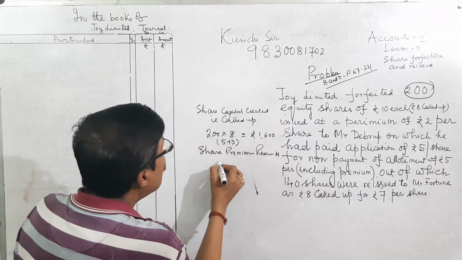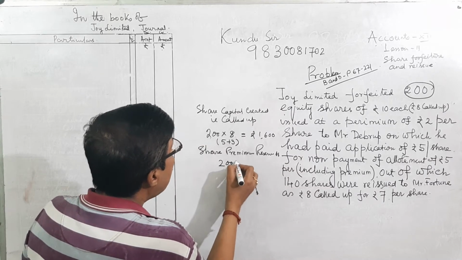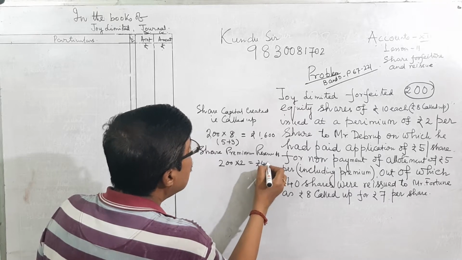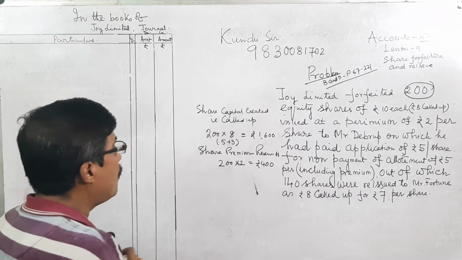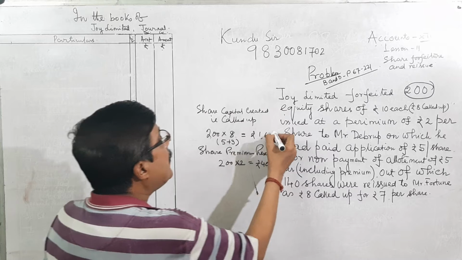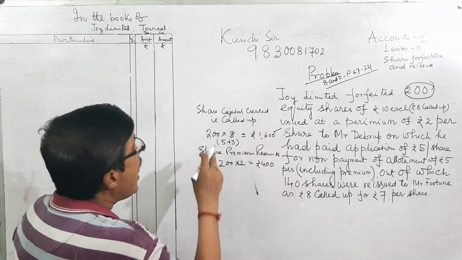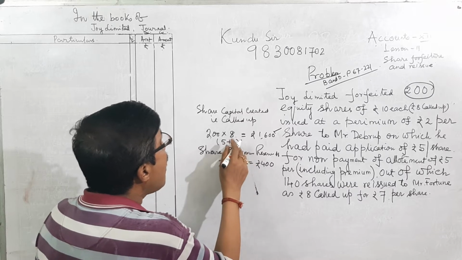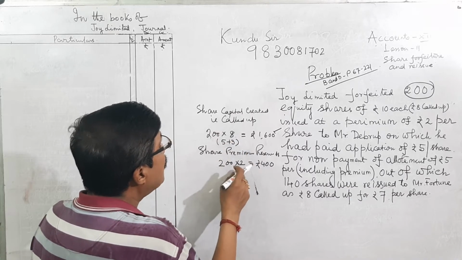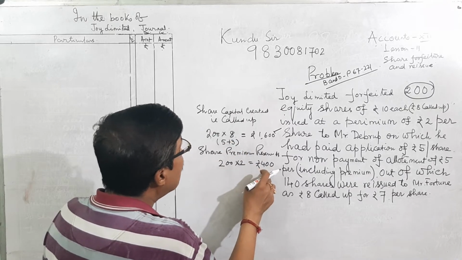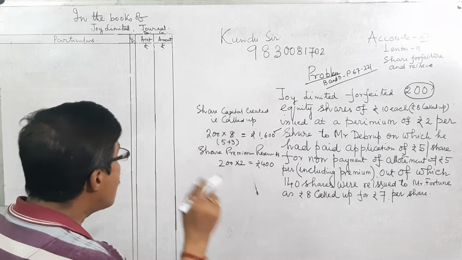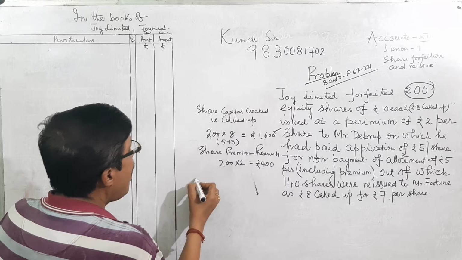How much? 200 into 2 equal to 400. Called up share capital is application plus allotment, and allotment also includes another 2 rupees, that is 400. It is called up.